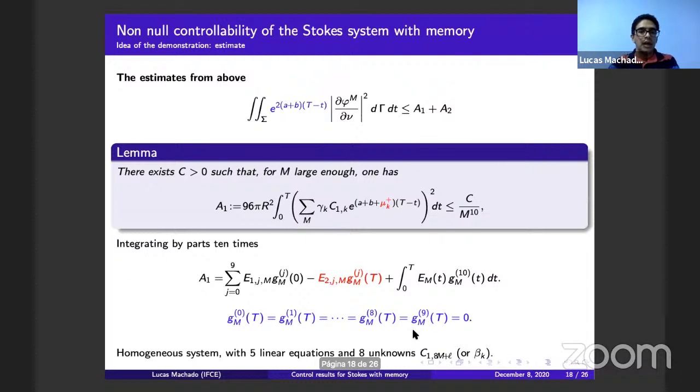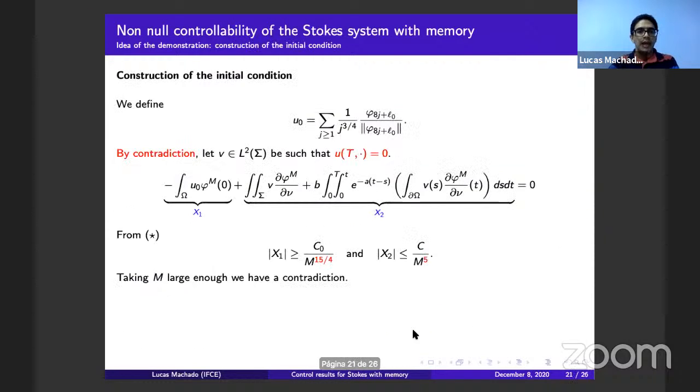But we can construct an initial data for the Stokes equation directly. Then with the sequence p_k, we can obtain an explicit initial data for the Stokes equation that cannot be driven to zero. Okay, the initial data can be defined this way.